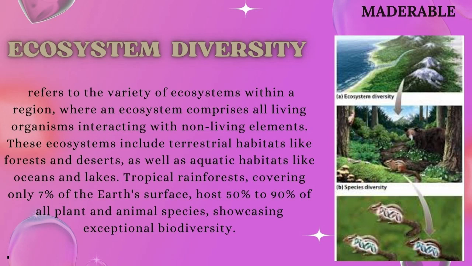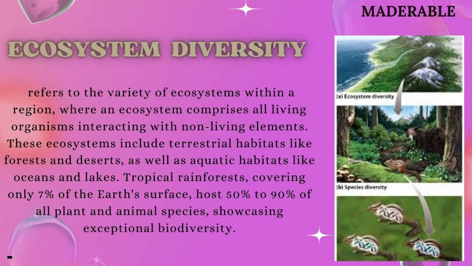Tropical rainforests, covering a small area of the Earth's surface, host a significant percentage of plant and animal species, showcasing remarkable biodiversity. One example of ecosystem diversity can be observed in national parks.